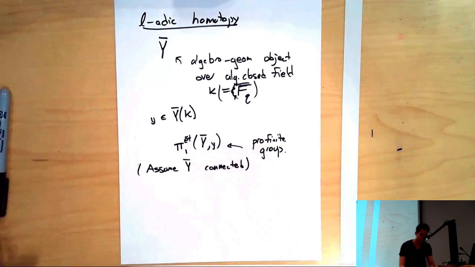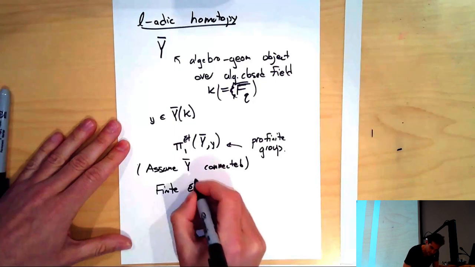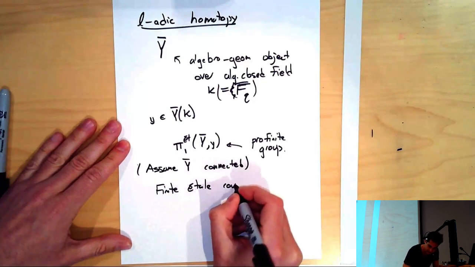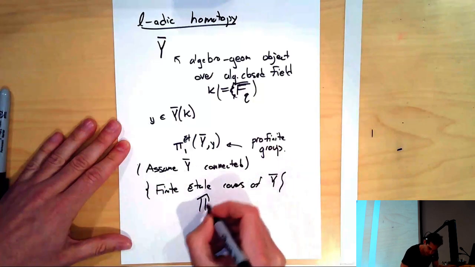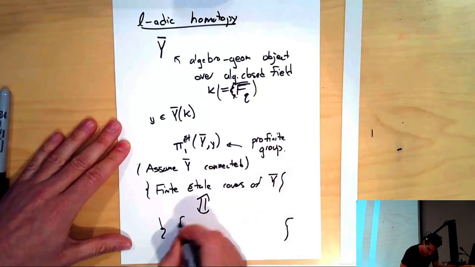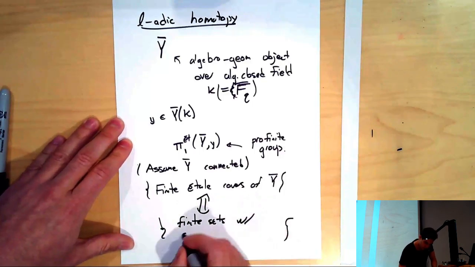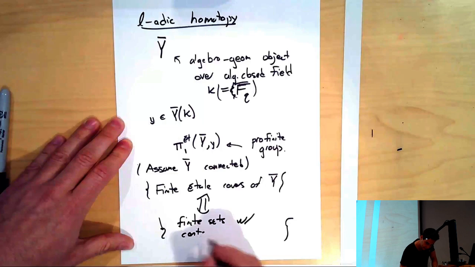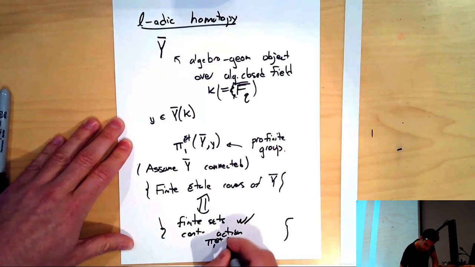Then this profinite group is characterized by the fact that finite étale covers of Y bar can be identified with finite sets with a continuous action of this étale fundamental group.